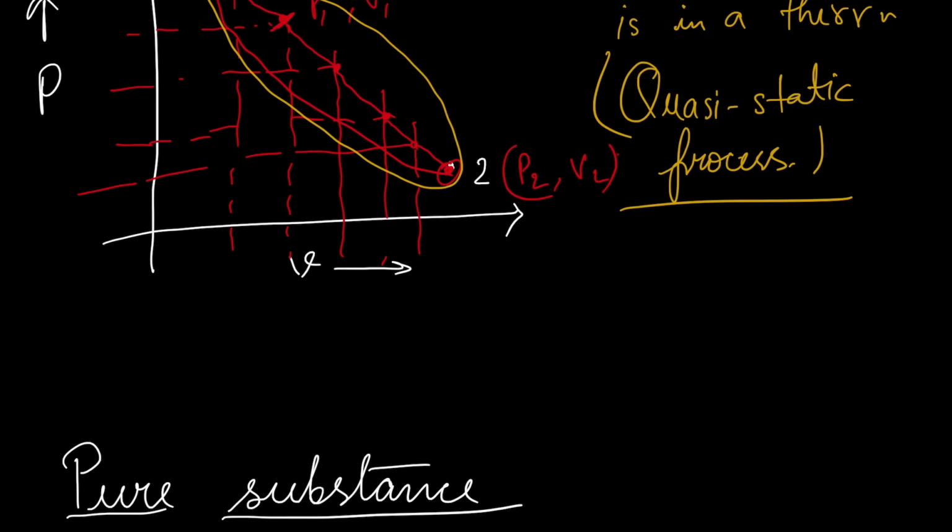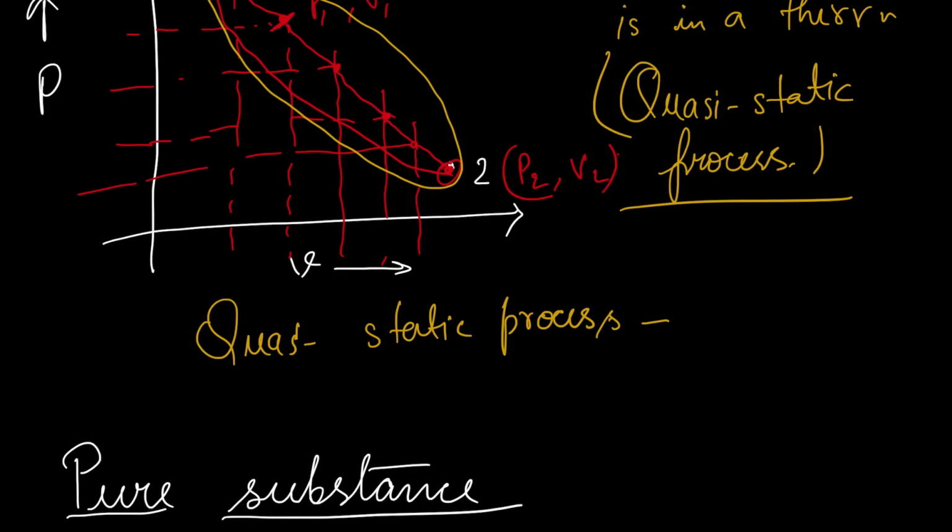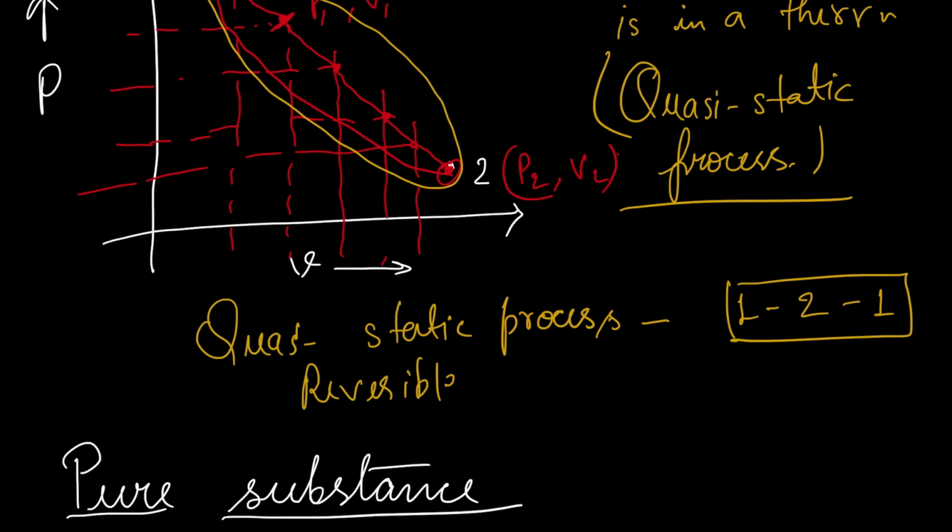So a quasi-static process is a process where I can go from state 1 to 2 and then back to the initial state 1. This is a reversible process.